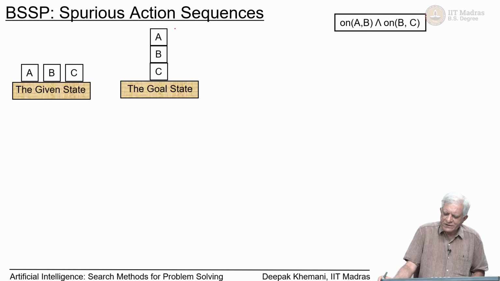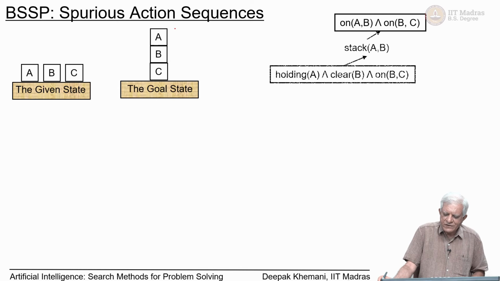So, starting with that goal G, you can use stack A on B, as we just saw in an example, that stack A on B is a relevant action because it achieves on A B. So, from there we have deleted this and we have added this and we have got this new goal which is a sub goal.